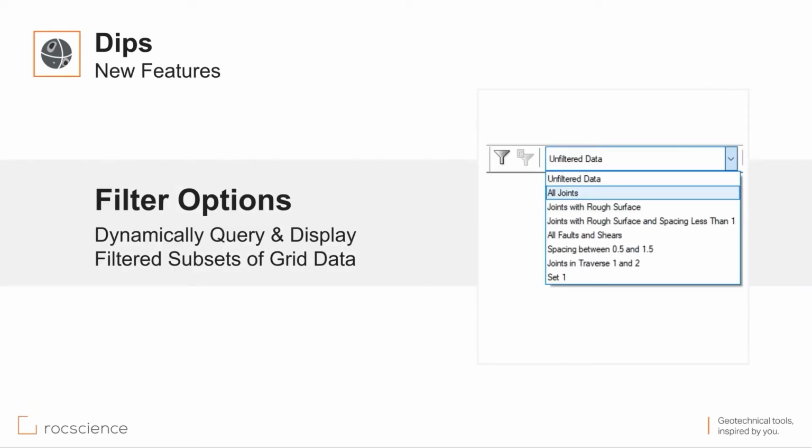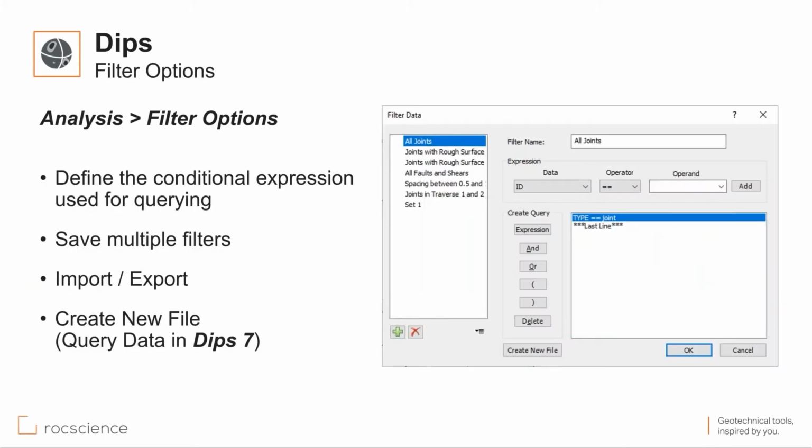Now I'd like to talk about the biggest addition to DIPS since its debut with Maintenance Plus, and that is filter options. The new filter options in DIPS allow users to work extremely efficiently with subsets of grid data. You can access the filter data dialog from the analysis menu or the toolbar.